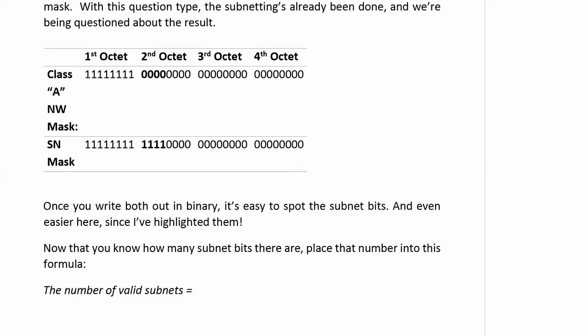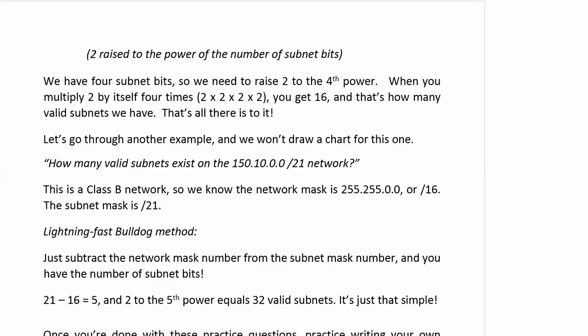That sounds so complicated. It's really not. The number of valid subnets is 2 raised to the power of the number of subnet bits. So we have 4 subnet bits, so we need to raise 2 to the 4th power. Don't be embarrassed to use your fingers. Seriously, 2, 4, 8, 16, done. It's 2 times 2 times 2 times 2. You get 16, and that's how many valid subnets you have, and that's all there is to it.